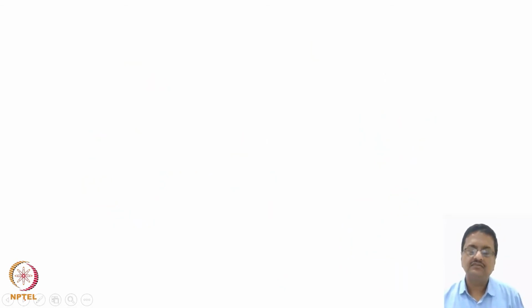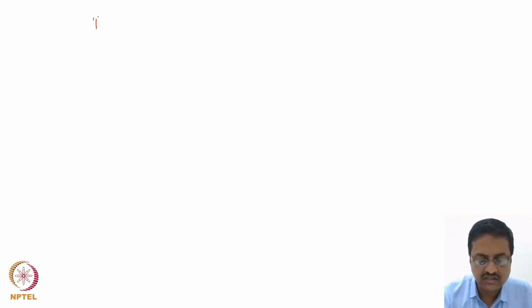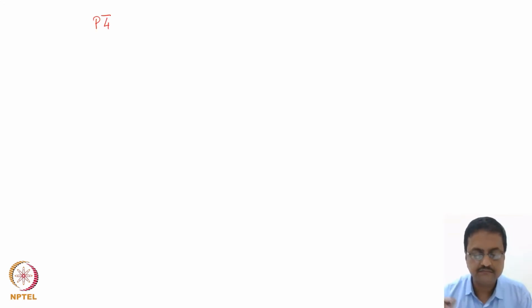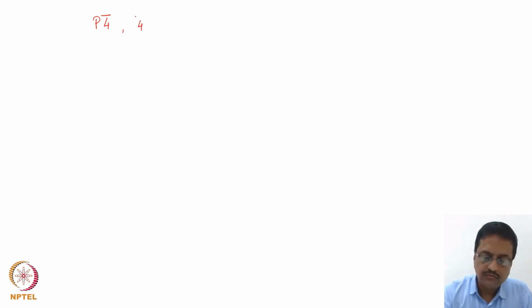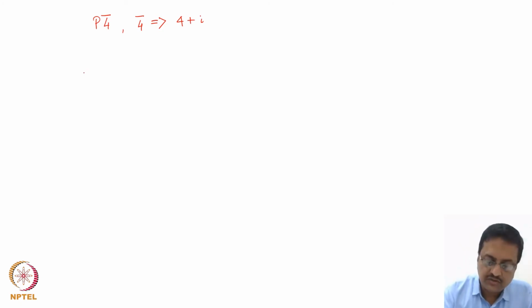So now let us try to see what happens when we draw the stereographic projection for P4 bar. What does 4 bar mean? 4 bar actually means it is a summation of 4 plus I, that is the inversion center. And once again, this corresponds to a tetragonal lattice.